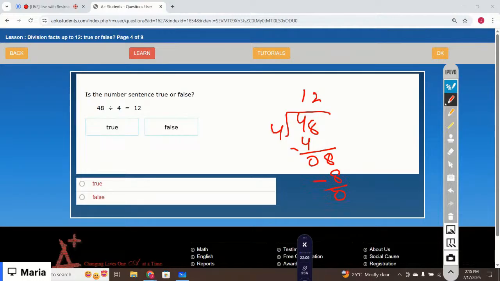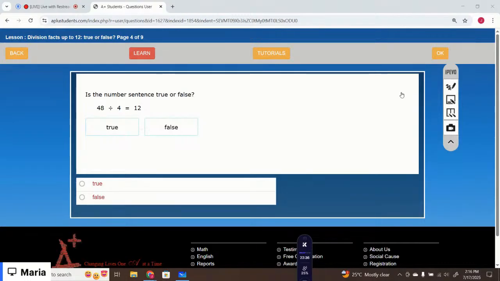That would be true. 48 divided by 4 is 12 and 12 is equal to 12. So true it is. Option number 1 is the correct option.